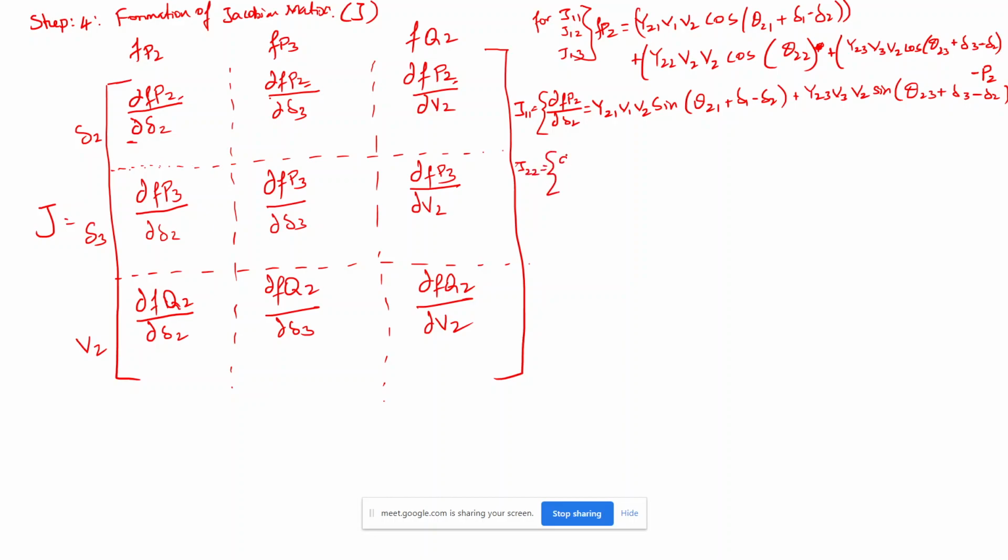And what will be the next one? It is nothing but dou FP2 divided by dou delta 3. So is there any delta 3 in the first component? You can see in P2, is there any delta 3?